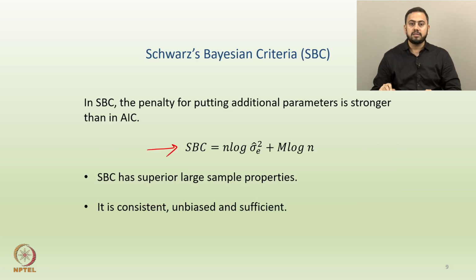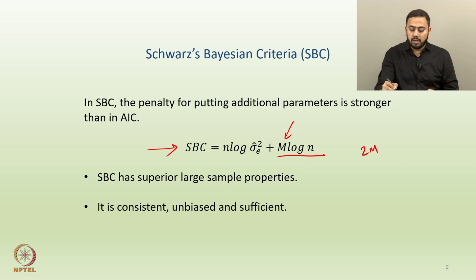n log sigma square E hat plus m log n. Now, if you compare this formula with the earlier one, which is AIC, the only difference is that m log n is new here, and in AIC this was nothing but 2m. But here can you see that you are giving a penalty term on how many parameters, given by capital M, one can bring in.